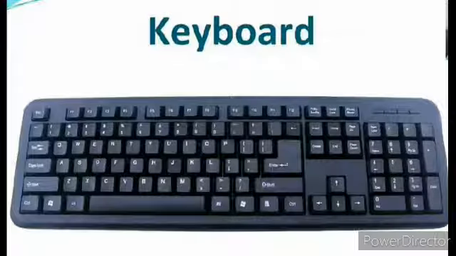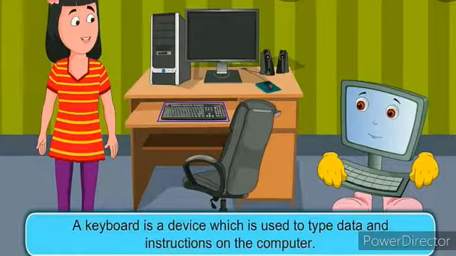First of all, we are going to discuss the keyboard. A keyboard is a device which is used to type data and instructions on the computer. A keyboard is an input device.